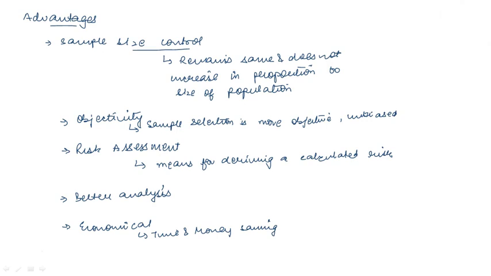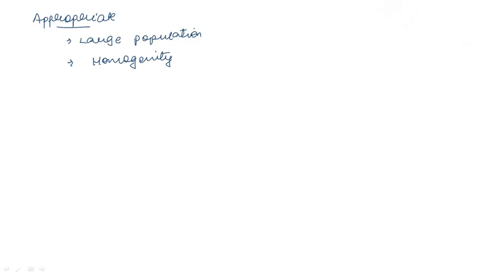Statistical sampling is appropriate in some areas, whereas it is not appropriate in a few situations. Please pause here. It is appropriate when you find a large population, when the data is very high. When there is homogeneity, meaning there are similar items.